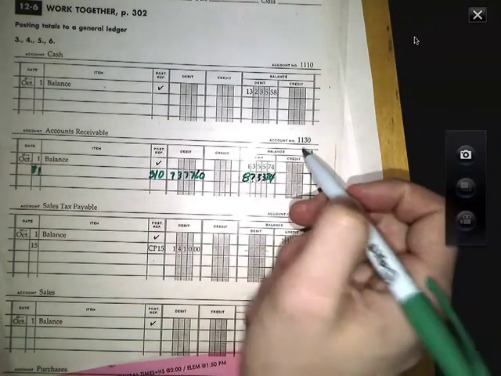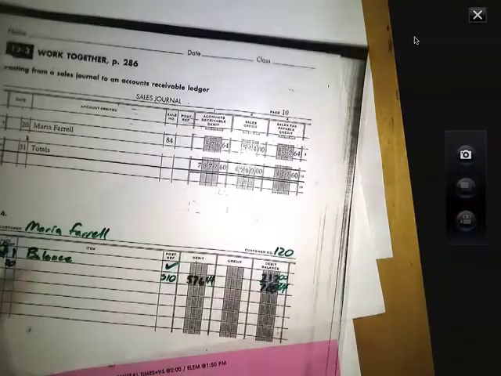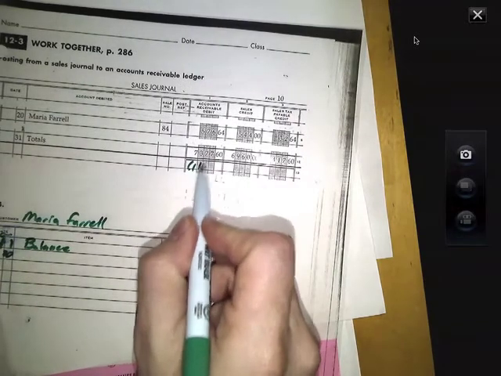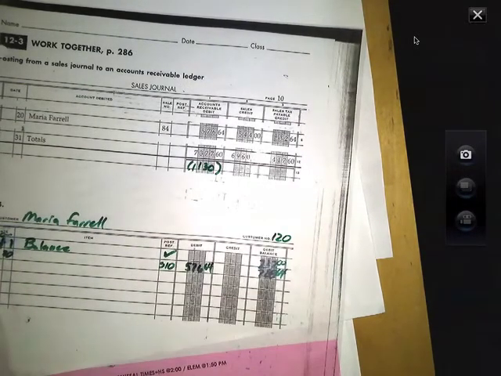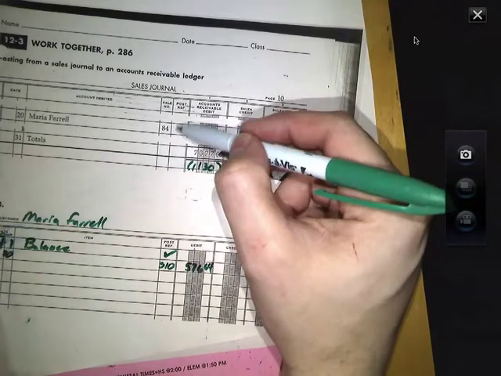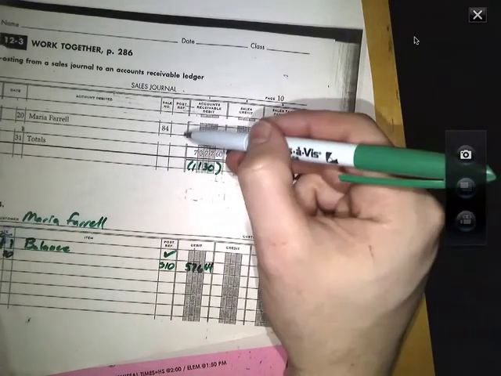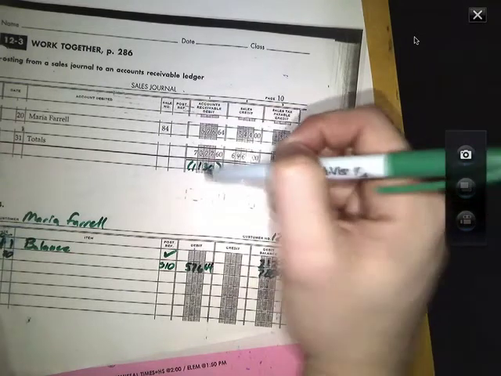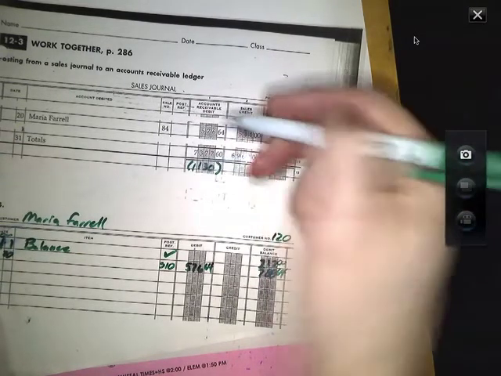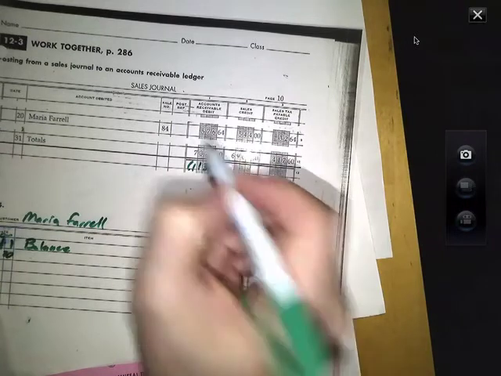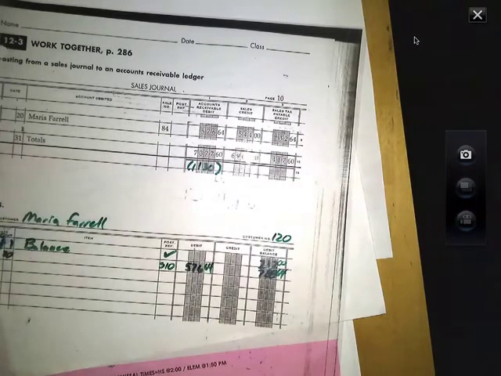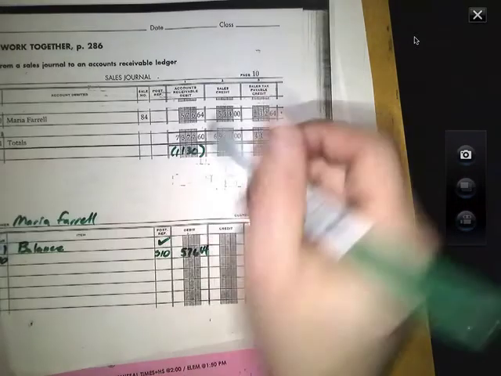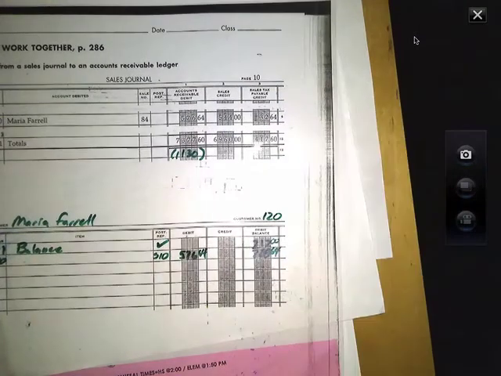Now, 1130, we're going to put 1130 right here. You know how we usually post it here? How come we didn't post Maria Farrell there? We did. You know the post reference column? What number is it? Wouldn't it be 120?